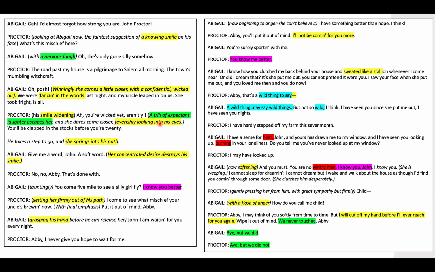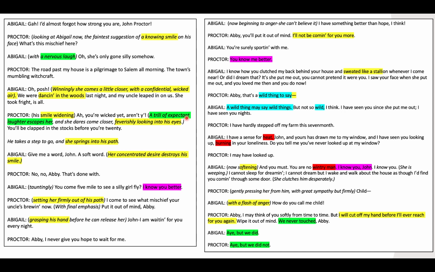Is there something in there I can analyze? Is there an interesting word? Is there a technique? And if there's nothing that you can say, then you probably wouldn't choose it later on when you make your final decisions. So we've got this trill of expectant laughter escaping her, almost like she can't control it. So we've gone from her laugh being quite nervous to trilling. It's expectant. What is she expecting?